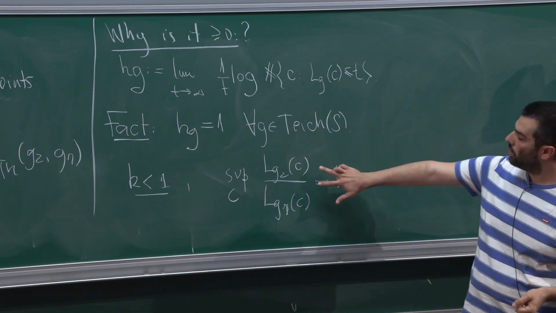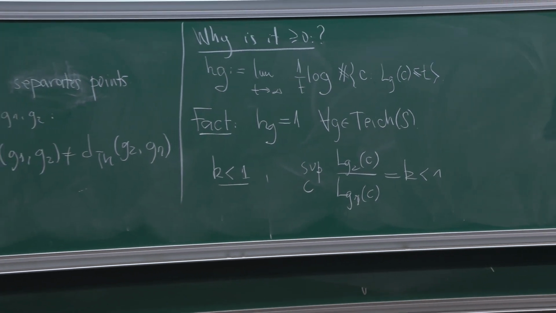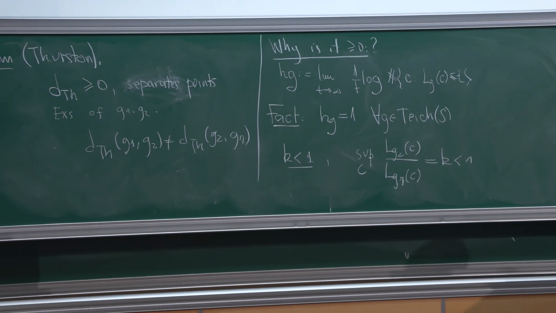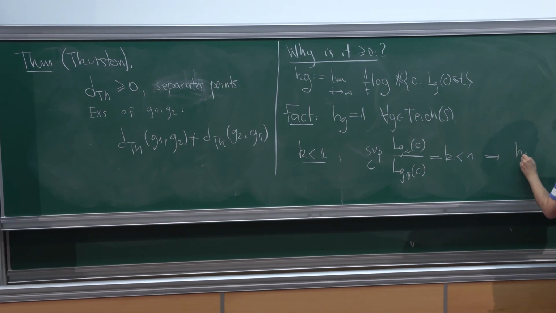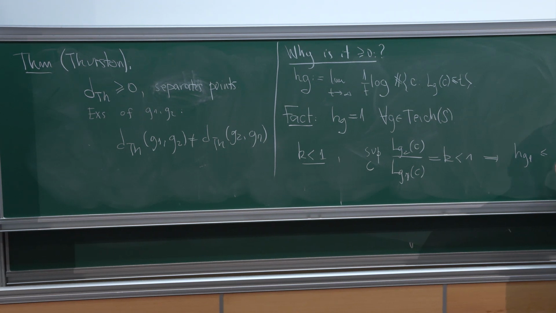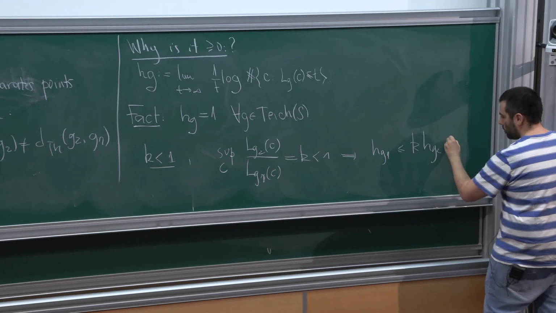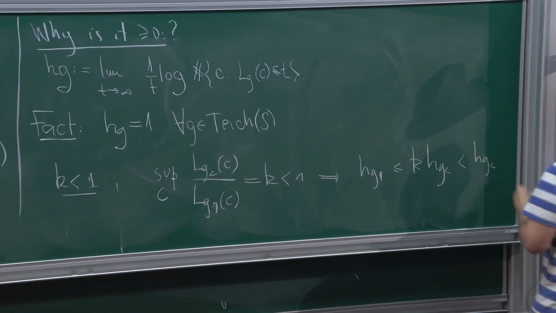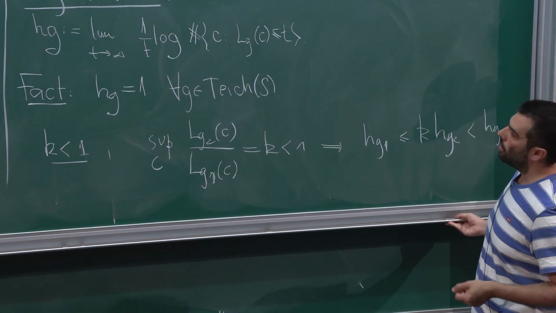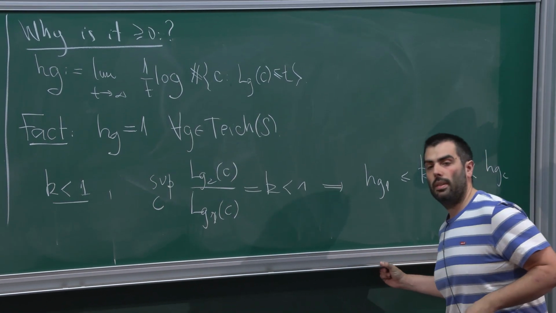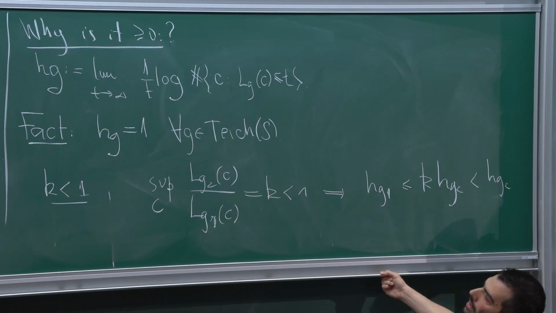This would produce a strict domination between the marked length spectrum of G2 and that of G1, which would say, if I'm not mistaken, that h of G1 should be less than or equal to k times h of G2, and this would be strictly less than h of G2, which is a contradiction. So in some sense, constant entropy blocks the possibility of this number being negative. This is the entropy of the geodesic flow, the topological entropy.